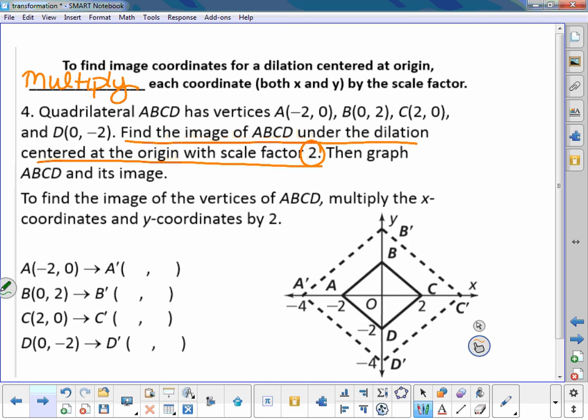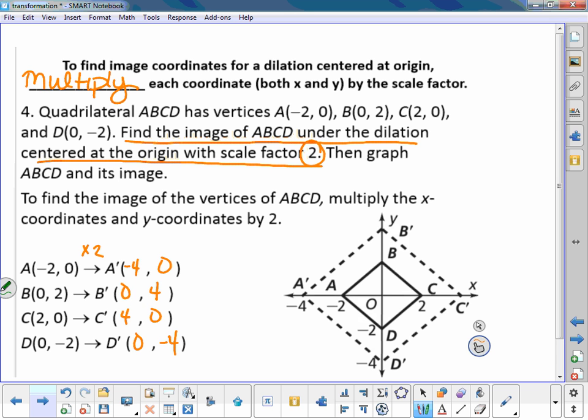So what you have to do is take the x-coordinate and the y-coordinate and multiply them by 2. We're doubling where the image is. So -2 times 2 is -4. 0 times 2 is 0. B, same thing. 0, 2 times 2 is 4. 4, 0, 0, -4. I'm taking each one and multiplying it by 2.